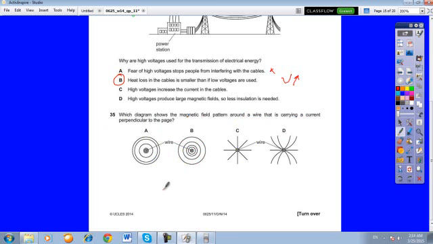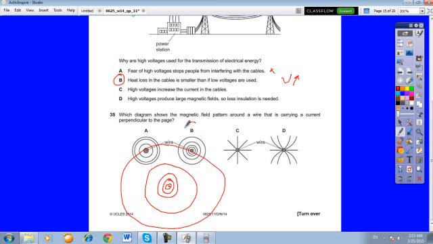we know that the magnetic field is stronger as we approach the wire. That's why the circles closer to the center, to the wire, should be close to each other, and as we move away, the distance between them gets bigger.